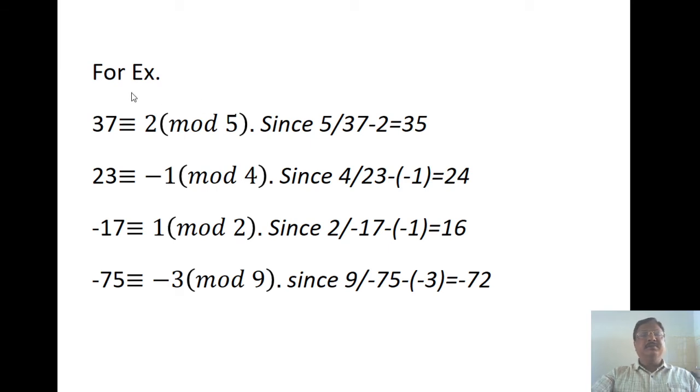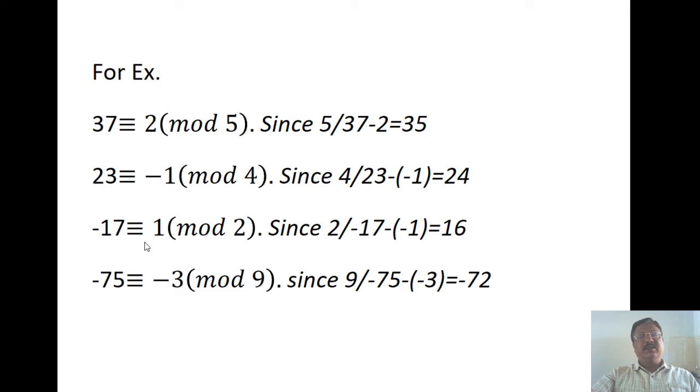Now for example, 37 is congruent to 2 mod 5 because 5 divides 37 minus 2, which is 35. Now 23 is congruent to minus 1 mod 4 since 4 divides 23 minus of minus 1, that is 24.